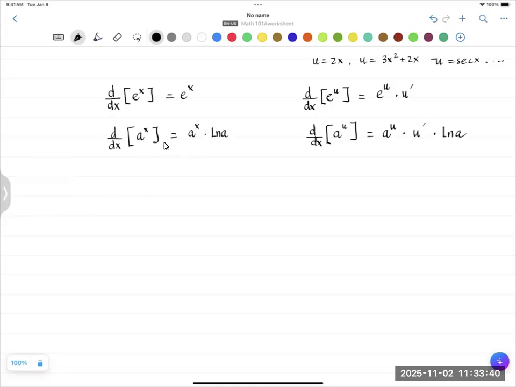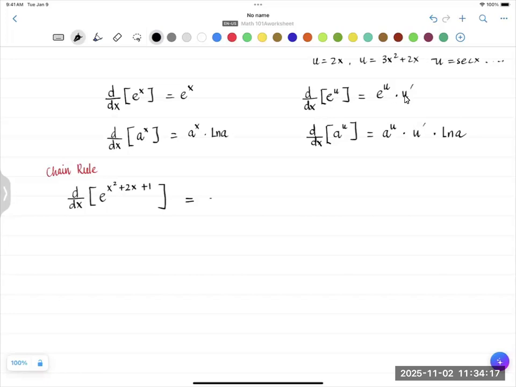So let's take a look at some examples. For example, I want to take the derivative of e^(x squared plus 2x plus 1). This is not a single x, so we're going to have the exponential rule and chain rule. How do we apply the chain rule? The derivative of e to the power of something will be e to the power of that something, and then times the derivative of the power.